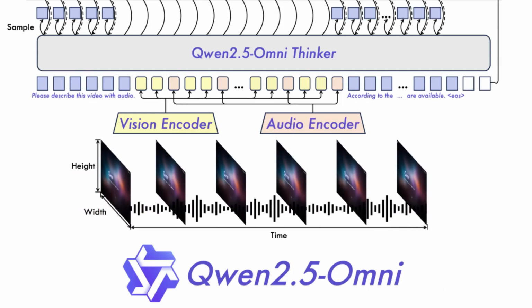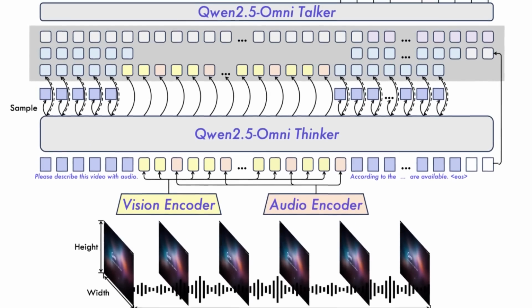Now, the interesting thing is that the LLM, or what they're calling the thinker model here, doesn't just output nice words which then get sent to a TTS system or something. It outputs representations that go into the second transformer here, which is the Omni Talker.